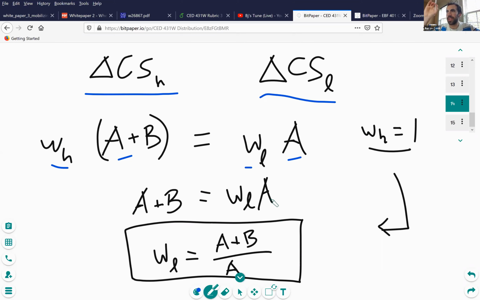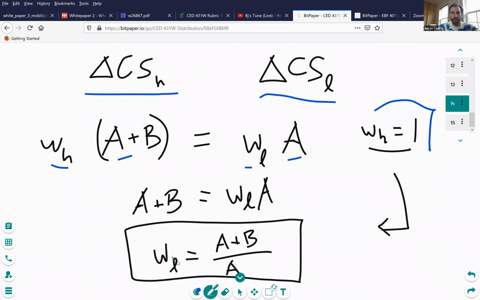You don't necessarily need to know both of these numbers because what really only matters is their relative scale. So one thing that allows you to do is just set one of them equal to 1. And so we did that here with setting the weight for the high income households equal to 1, and then solving for the weight on low income households that would make this one person, one vote criteria be satisfied.